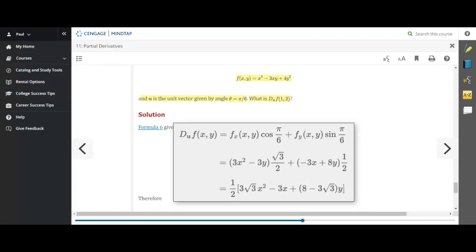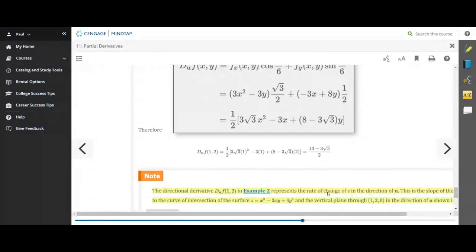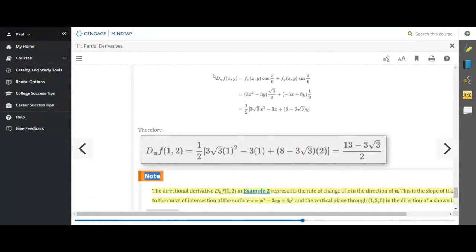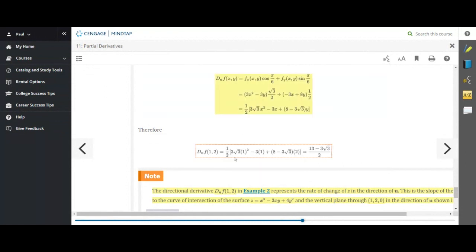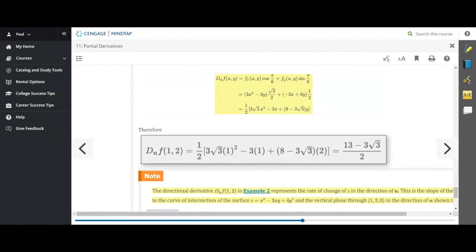And now all we have to do is put in the value of 1 and 2. Let me just highlight this. So it's really quite beautiful. And there is your directional derivative. It equals 13 minus 3 root 3 divided by 2.